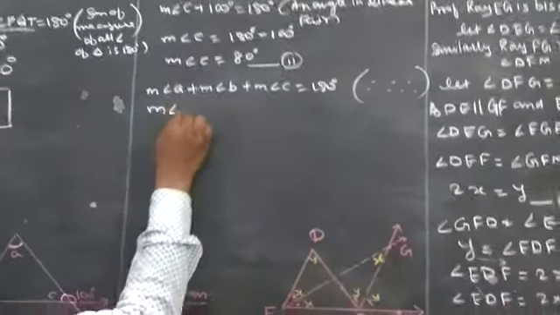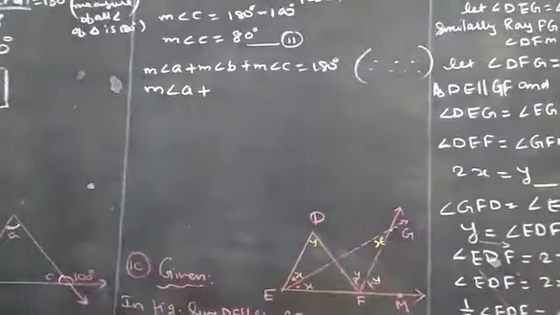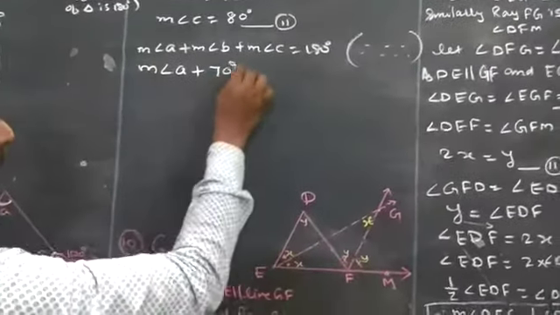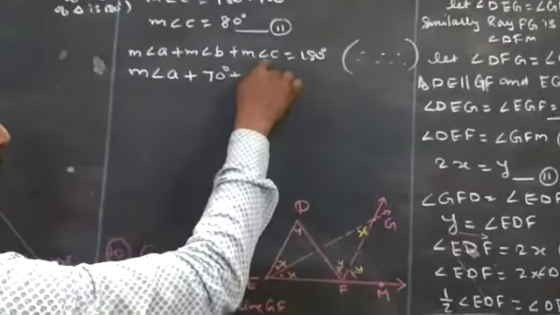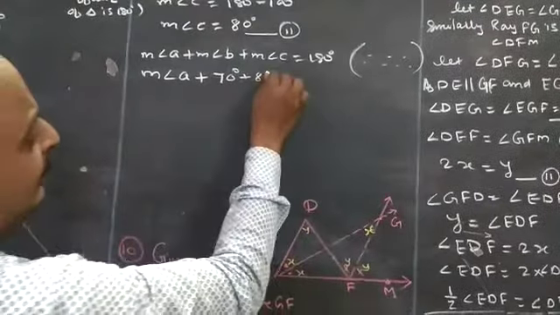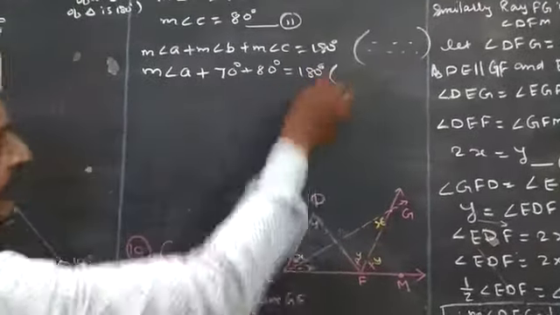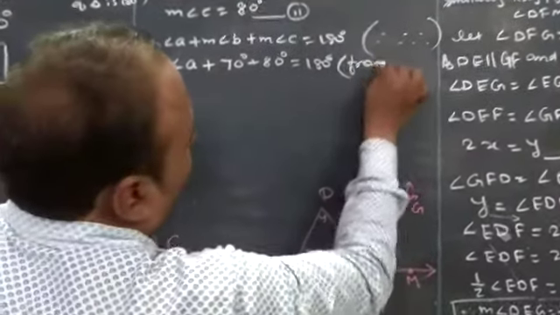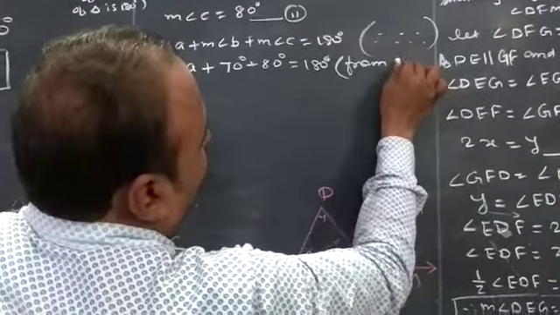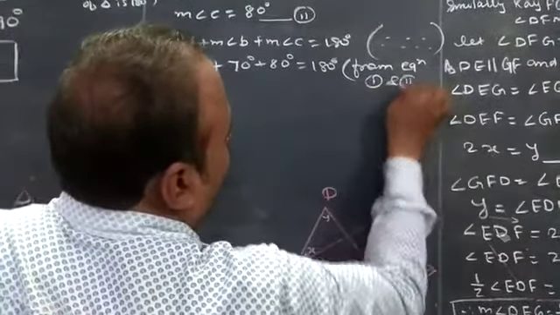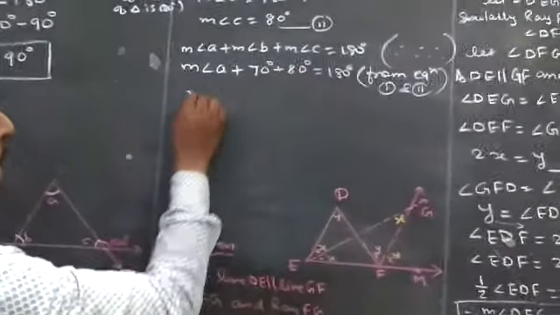Now write measure angle A plus the value of B we got, which is 70, so put the value 70. And the value of measure angle C we have got is 80, so write 80 is equal to 180. State the reason: you know their values from equations 1 and 2. Now add up these two.